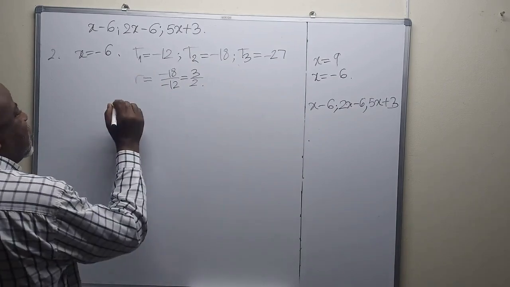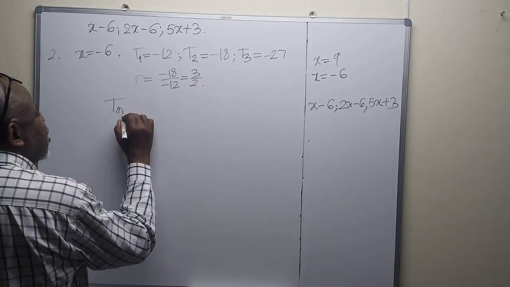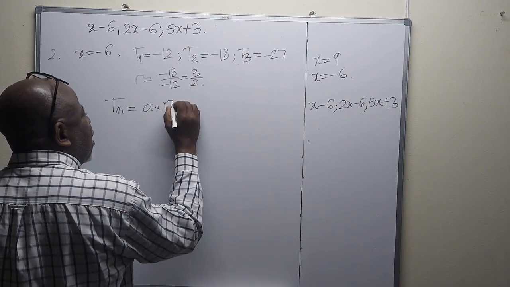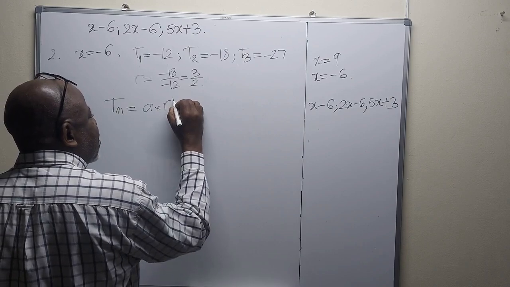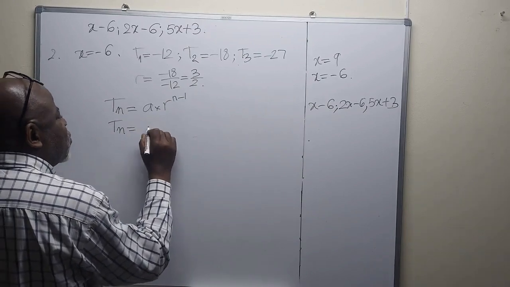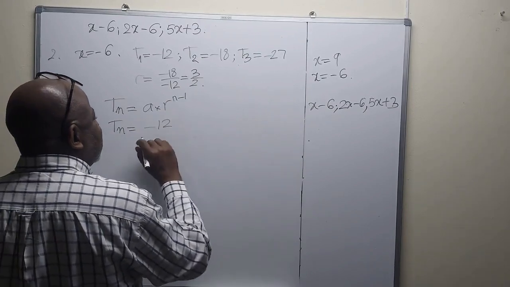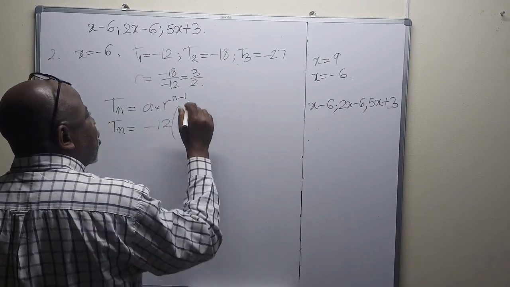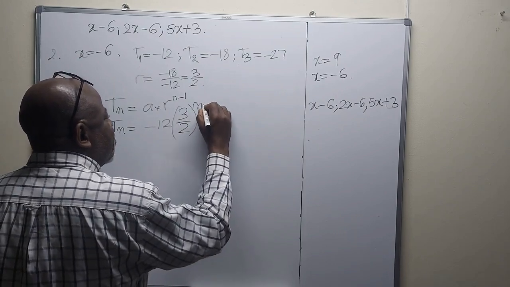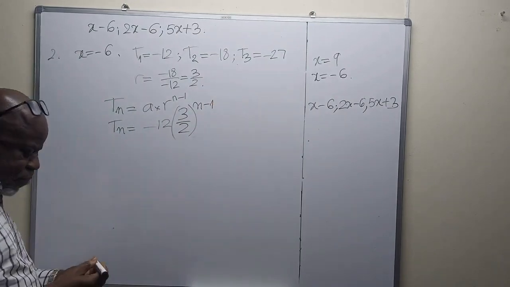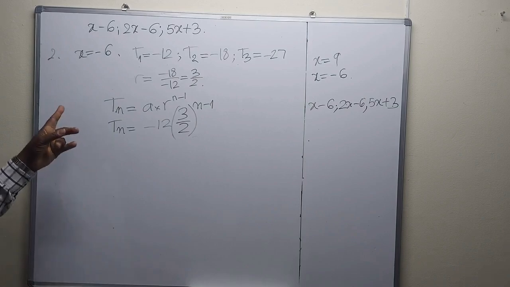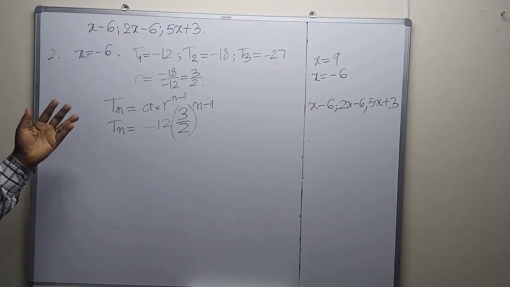For the nth term, using the formula Tn = a·r^(n−1), our Tn is −12 times (3/2)^(n−1), where −12 is the first term and 3/2 is the common ratio. Then we are done for question number 2. We're going to continue in our next session.